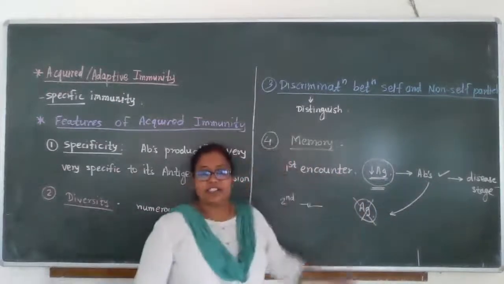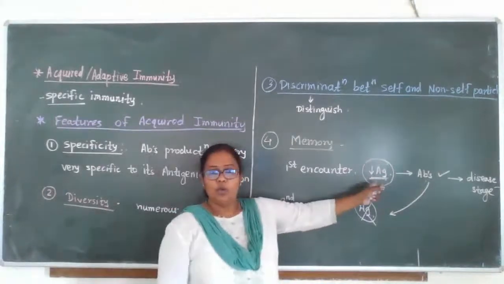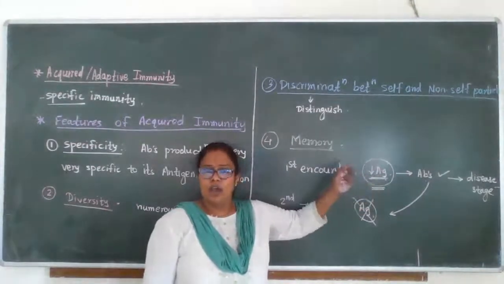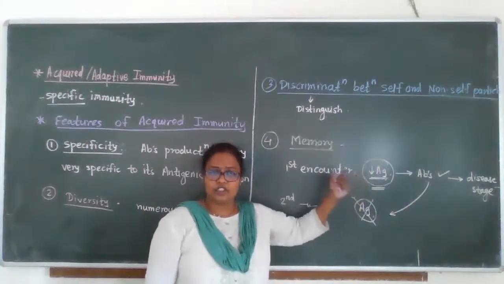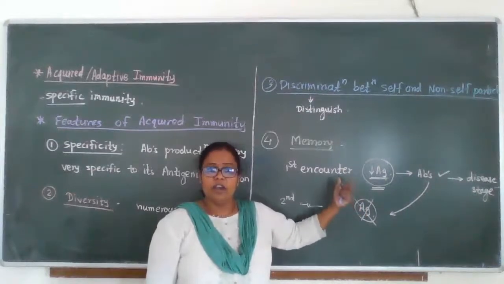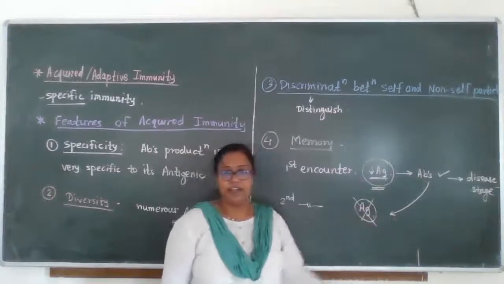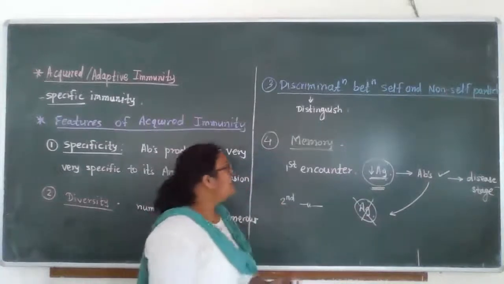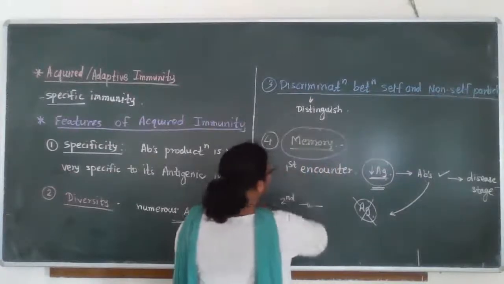That means the first encounter is kept in mind, that such a pathogen or virus invaded my body, and my body has a number of antibodies. So this is the very unique feature of acquired immunity, that is memory.